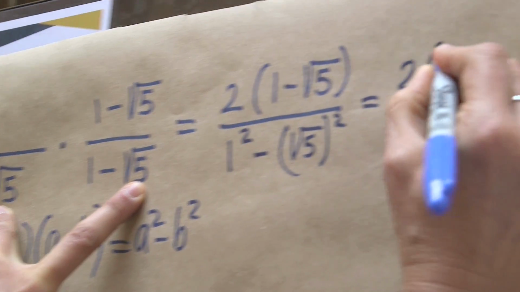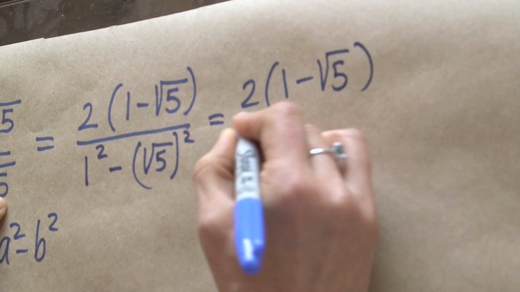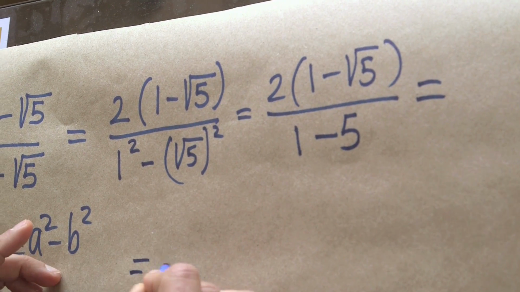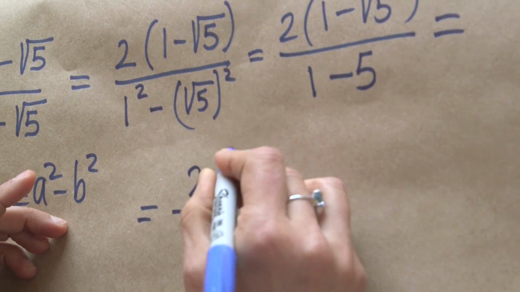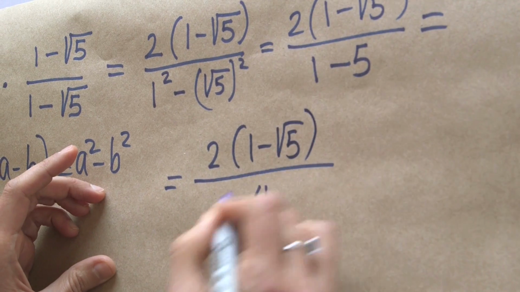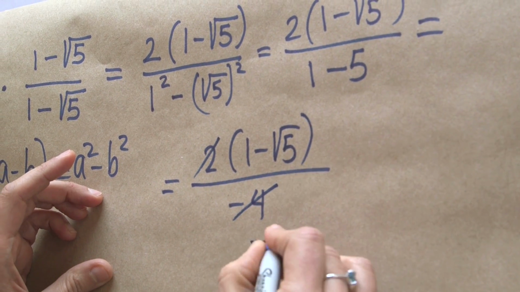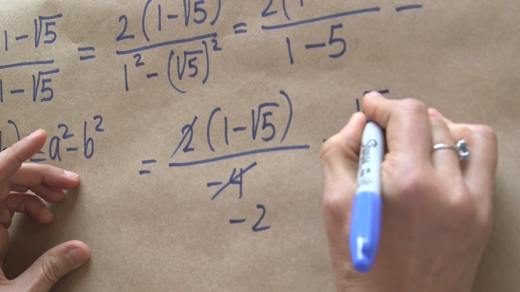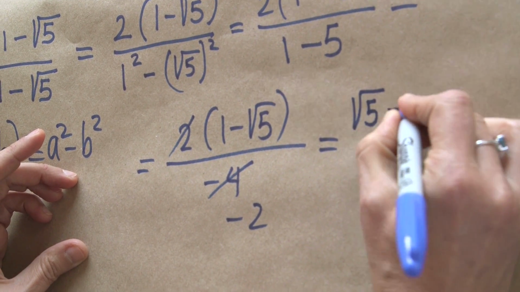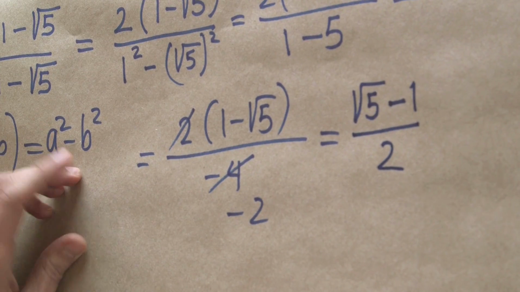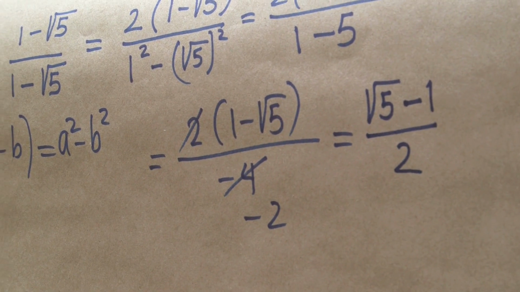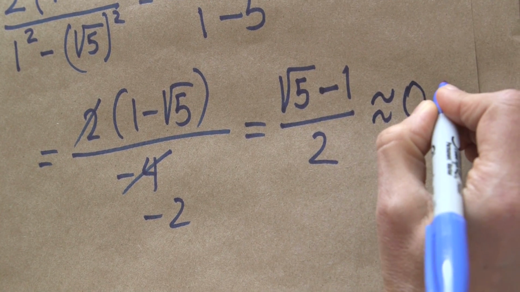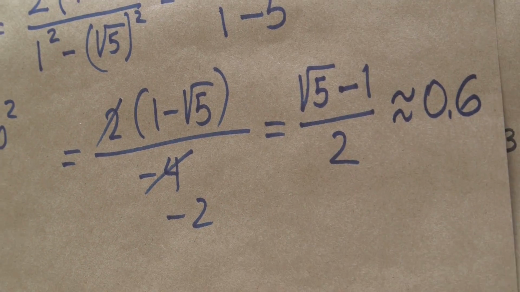So at the end of the day, we are getting to a simplification. 1 minus 5, which is minus 4 in the denominator, a little bit of cancellation, minus 2, and then we flip the sign on top, square root of 5 minus 1 over 2. So this is our reciprocal of the golden ratio, and if you compute it, it will be close to 0.6. Does this number remind you of something?